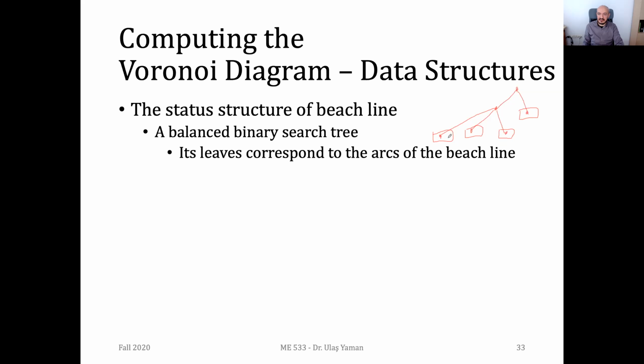And these leaves will refer actually to the arcs we have in the beach line. So this might be the rightmost leaf, leftmost leaf, and once you have proper information, kind of pointers in these leaves, then you may refer to some other values, some other data structures, and try to do some computations and determine the vertices or the edges of the Voronoi diagram.